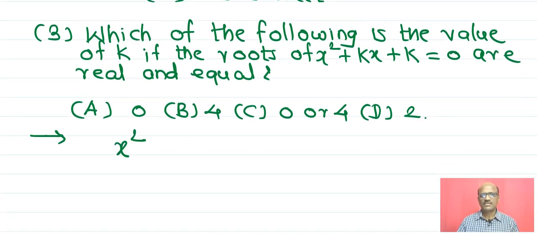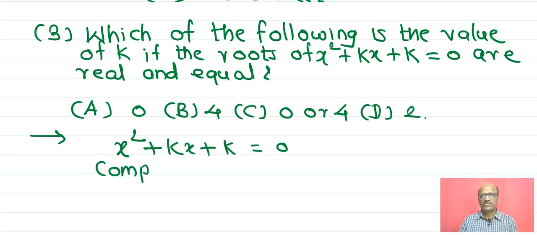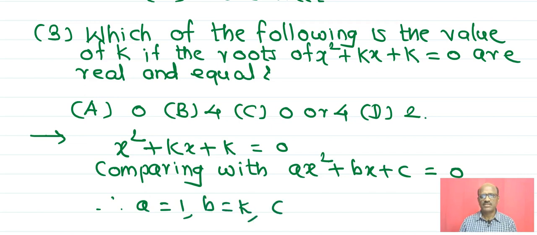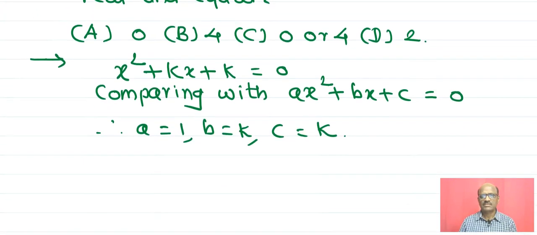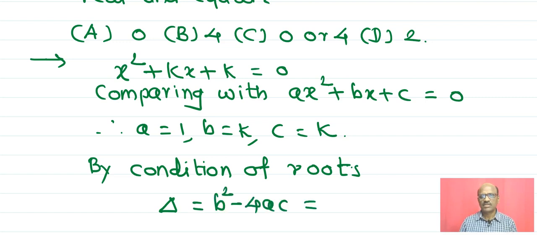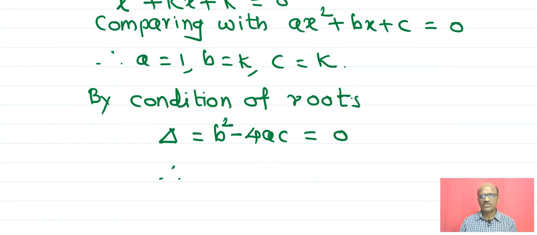Now for that, we find out the discriminant. Comparing with ax square plus bx plus c is equals to 0, the value of a is 1, b is k, and c is also k. Therefore, by the condition that delta is 0, b square minus 4ac equals to 0.